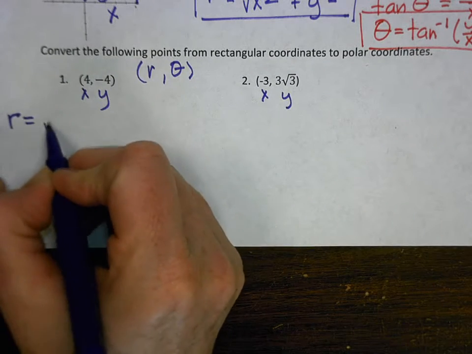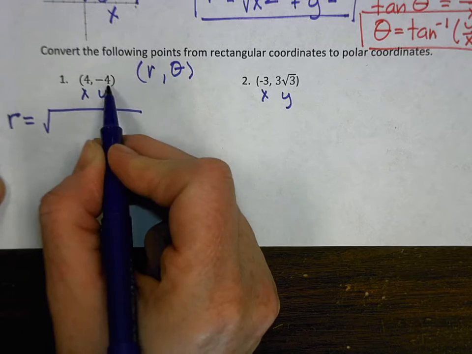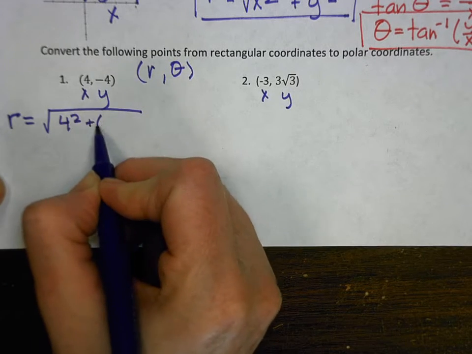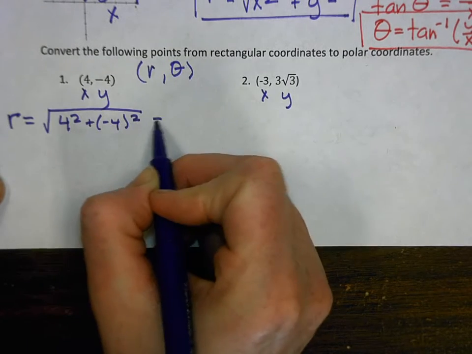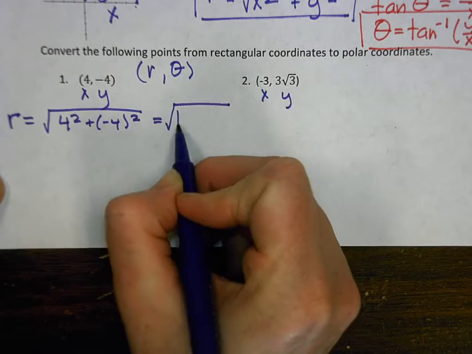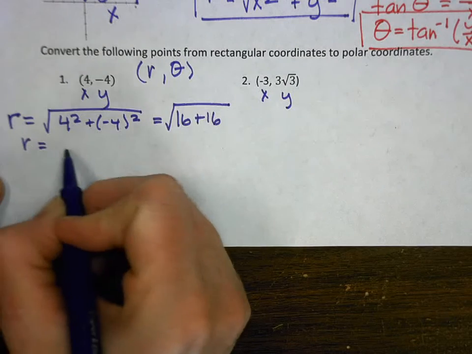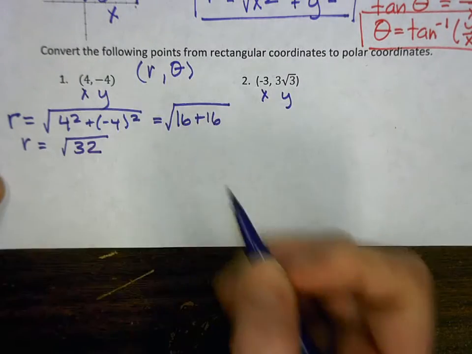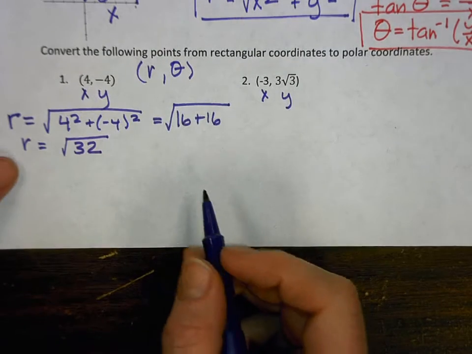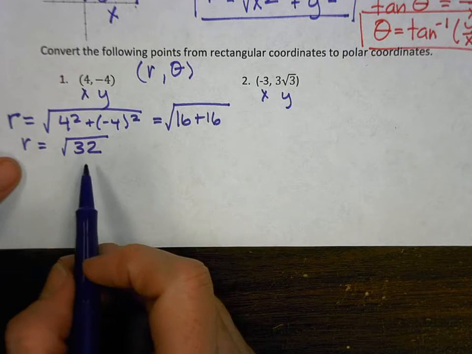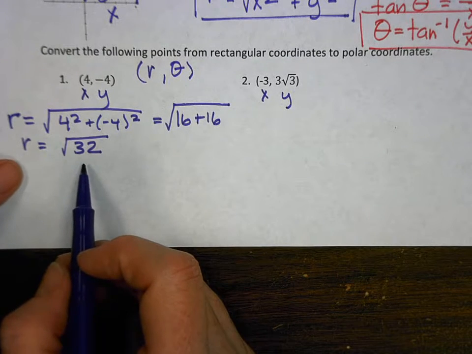So we have x, y, we want r. r is equal to the square root of x squared plus y squared. 4 squared plus negative 4 squared, under the square root. 4 squared is 16. Negative 4 squared by itself is 16. r equals the square root of 32. That is not simplified.